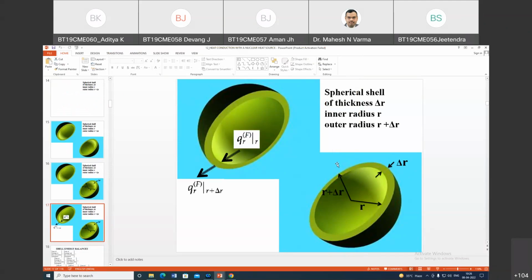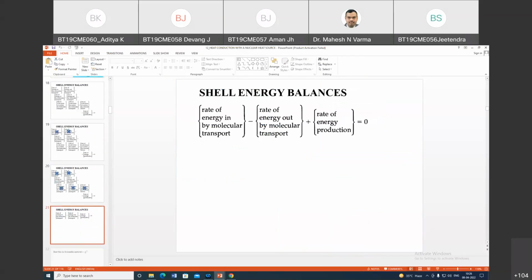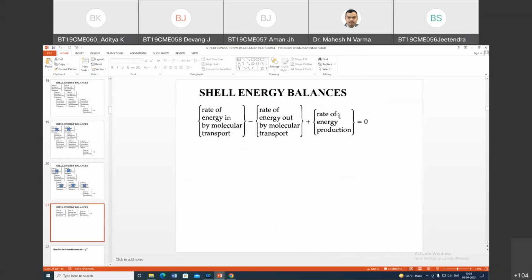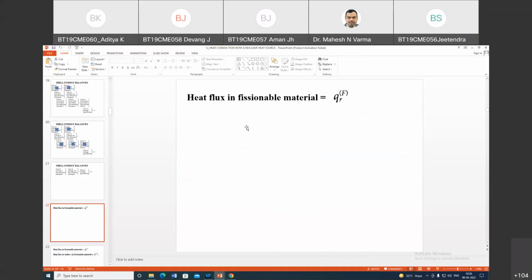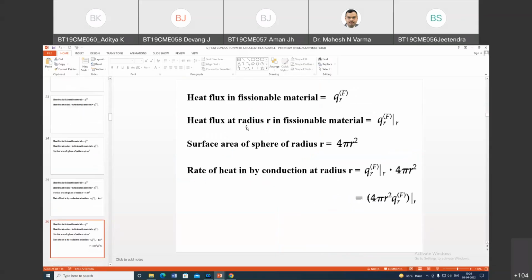So this is the flux estimated at r multiplied by surface area, and the flux estimated at r plus delta r multiplied by this surface area. You can think of this as generation and consumption, rate of coming in, going out. So this is what we have done, 4 pi r squared.